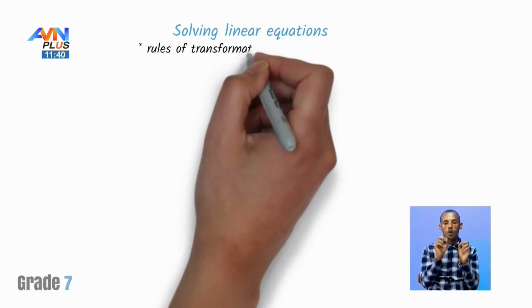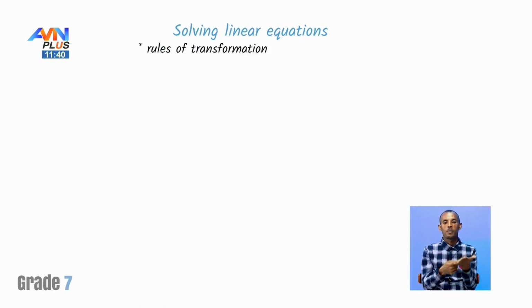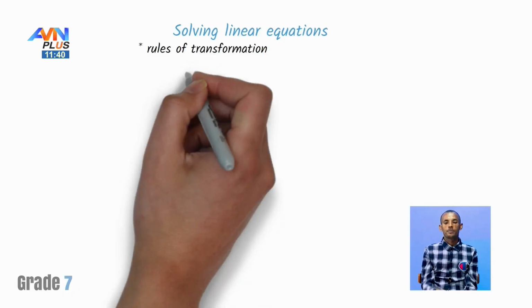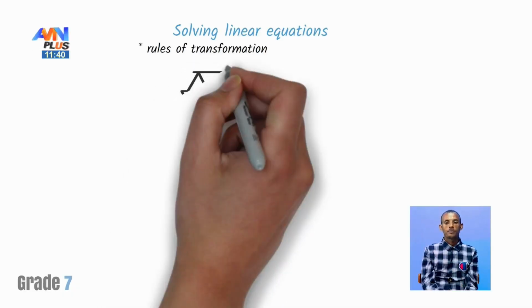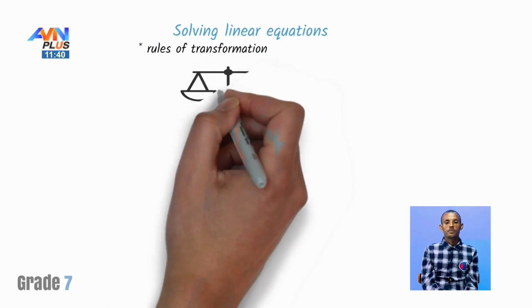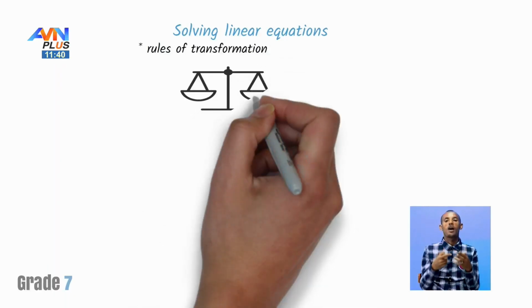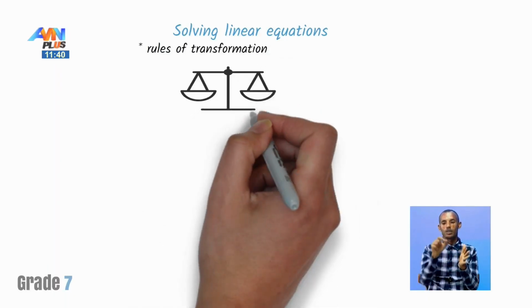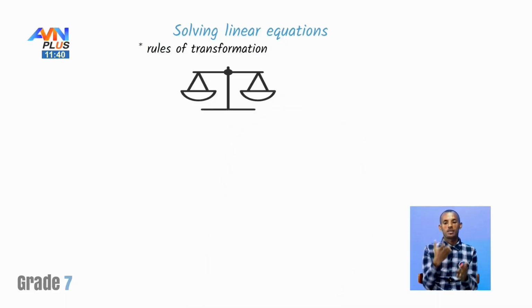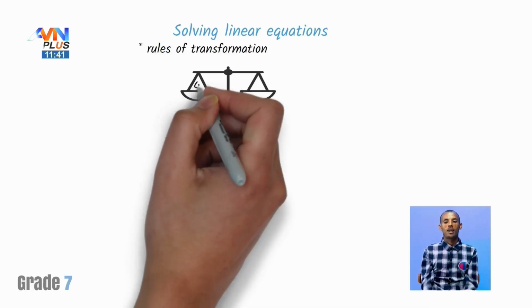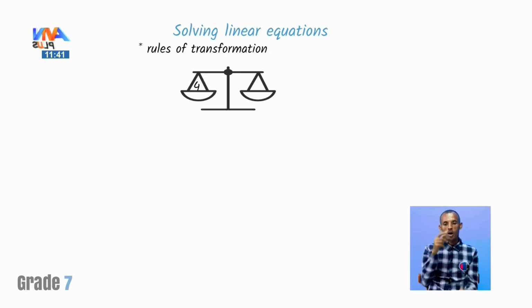Okay, here, to see the rules, assume this one is a balance, and here you have an equal sign. Assume here you have 4 kg and 4 kg here.